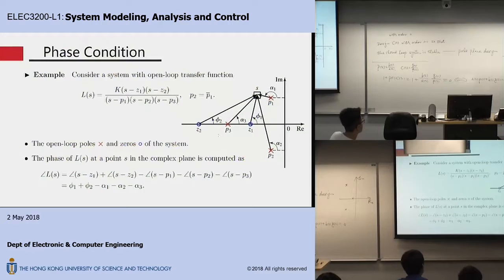If I pick an S, you compute this, and it is exactly 180 degrees or an odd number times 180 degrees, then it's in the root locus.